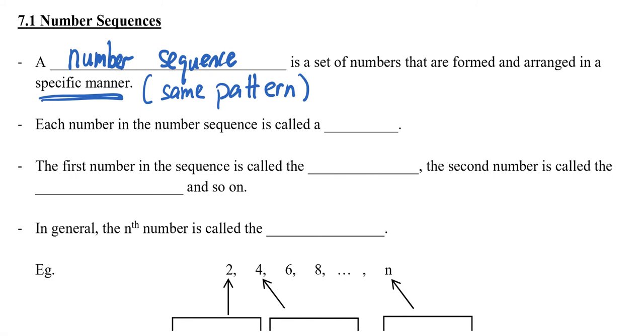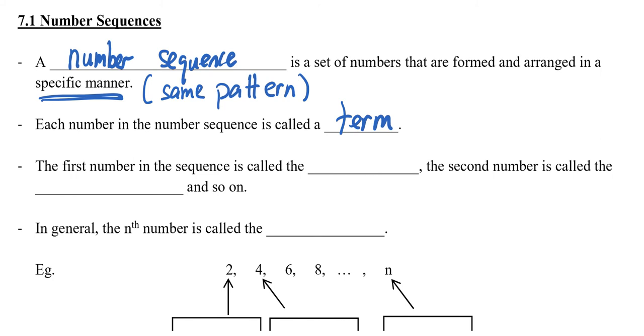All right, and each number in the number sequence has a specific word for it. It's called a term. Now, let's try and understand how to find this pattern.